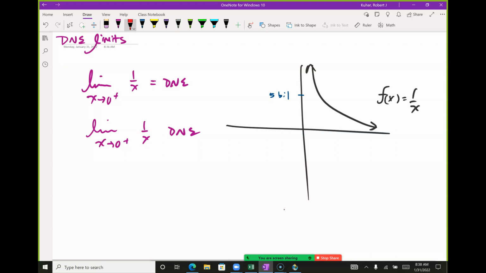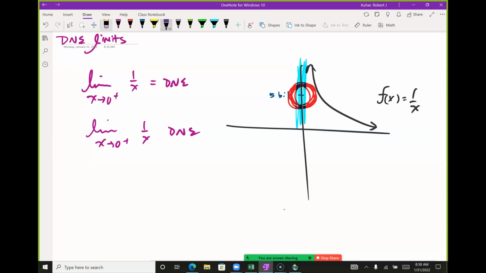And you can see that if I draw this dartboard, there's a piece of the function above the dartboard, no matter where I draw that dartboard, because I could draw a dartboard of any size. The function is going to keep going up and up and up.